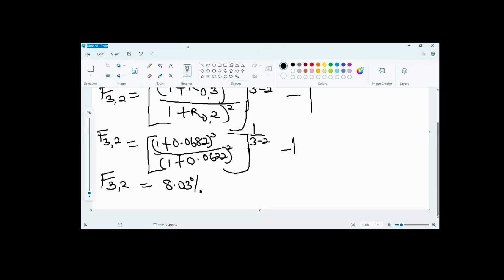You can't get negative. It shouldn't be negative, but I'm still getting negative. But I'll check why. I got 8.02% as well. Is it negative you got as well? No. It can't be negative, but I'll see why I'm making a mistake.